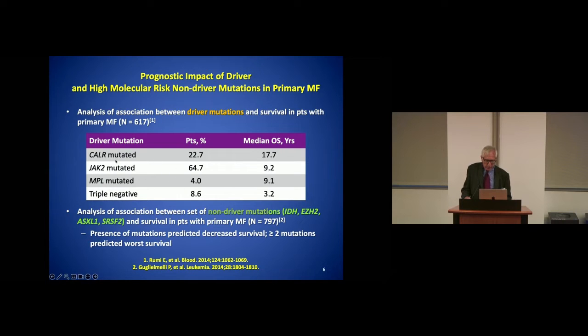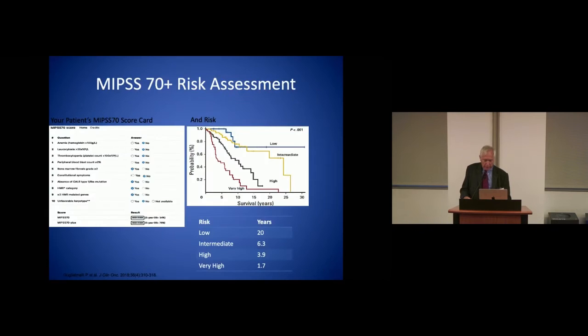And you can see that those patients that have calreticulin mutated disease, which occurs in ET and also myelofibrosis, have a better survival than those patients who have JAK2 mutations or MPL mutations. And unfortunately, those patients that have histologically documented myeloproliferative disorders that lack a mutation have the overall worst survival.